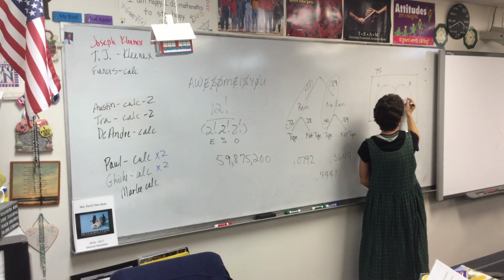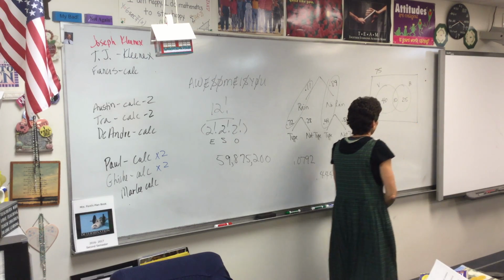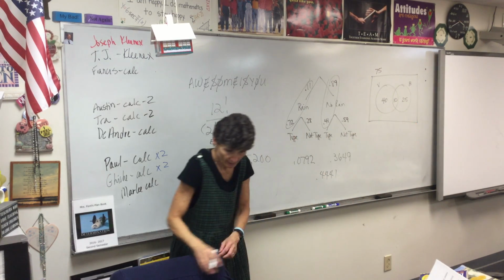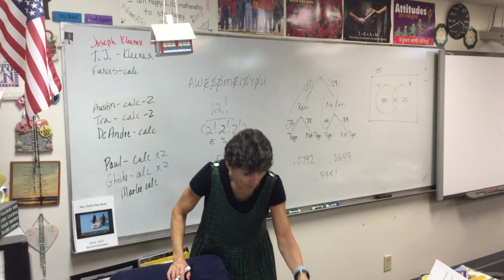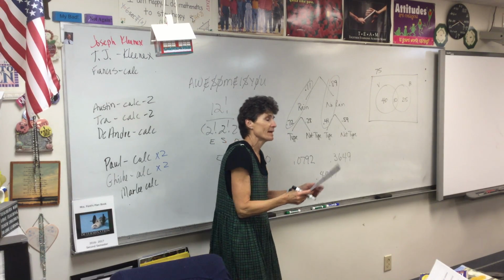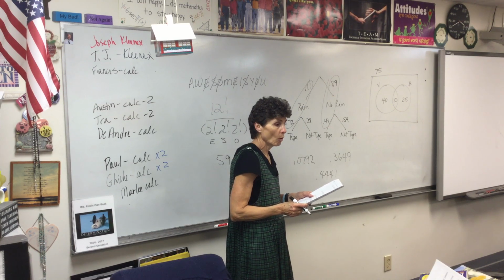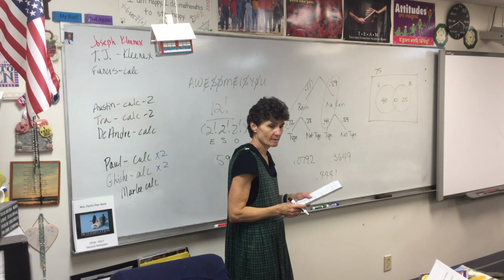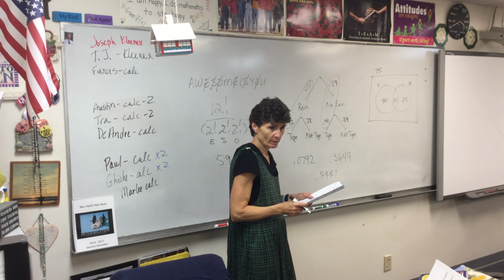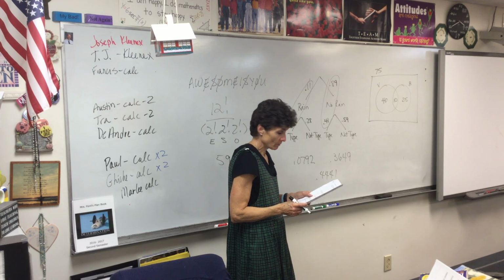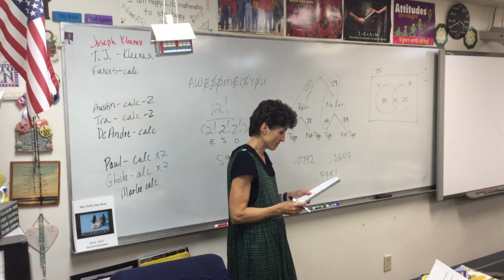And how many here? 25. So what was the question? How many only like basketball? So the answer to the question would be 25. 25 like only basketball. Joseph, you following along? You sure?